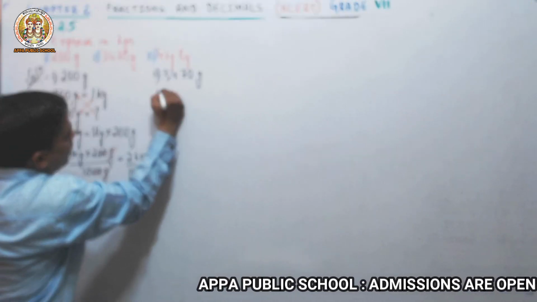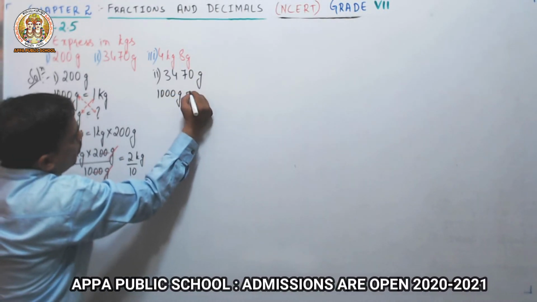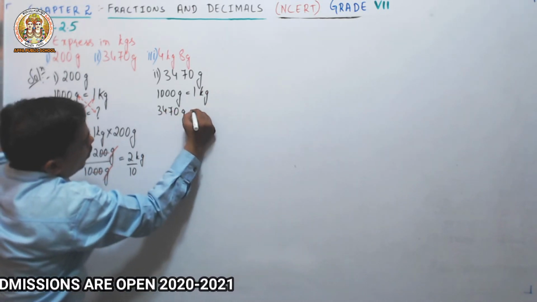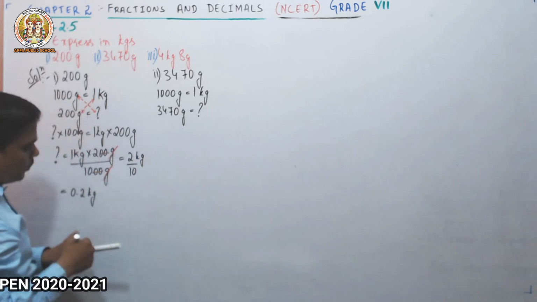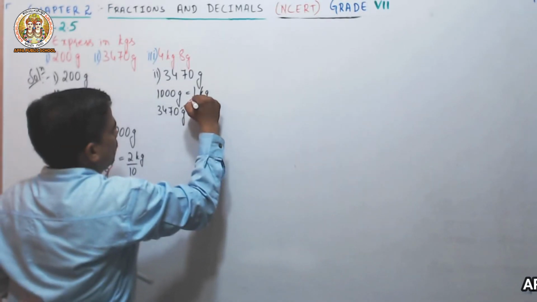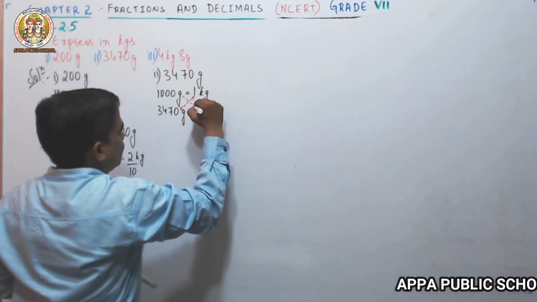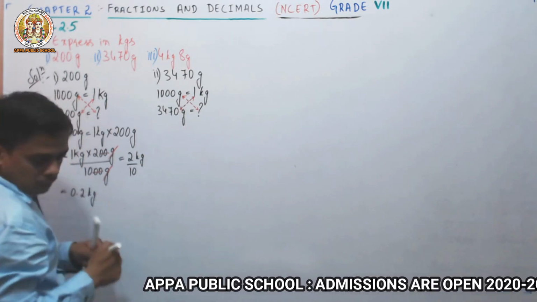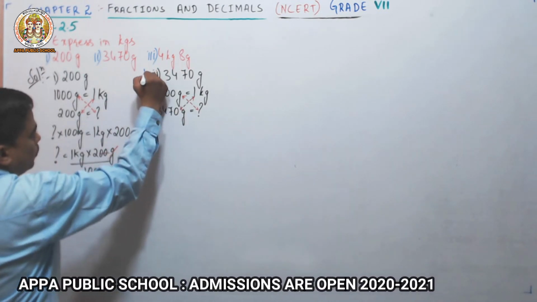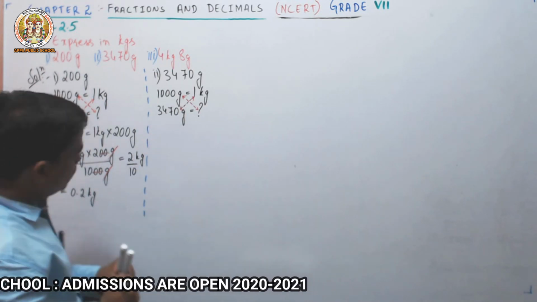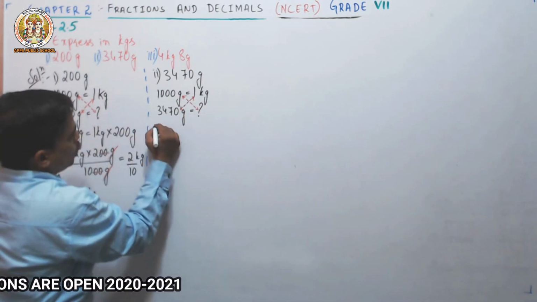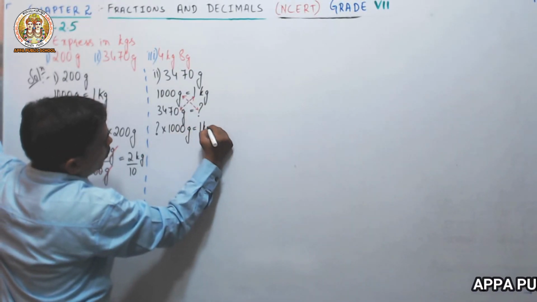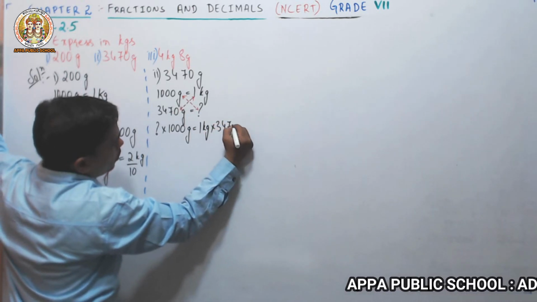Once again, 1000 gram is equal to 1 kg. So 3470 gram is equal to how much? So I will cross multiply. Question mark into 1000 gram is equal to 1 kg into 3470 gram.